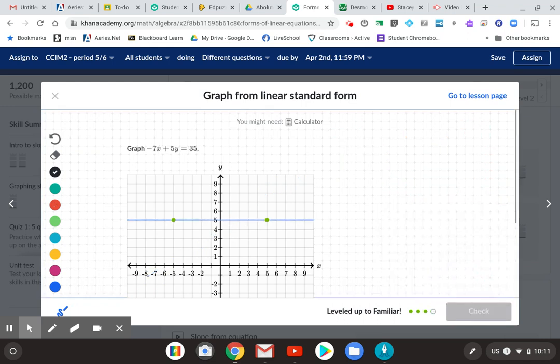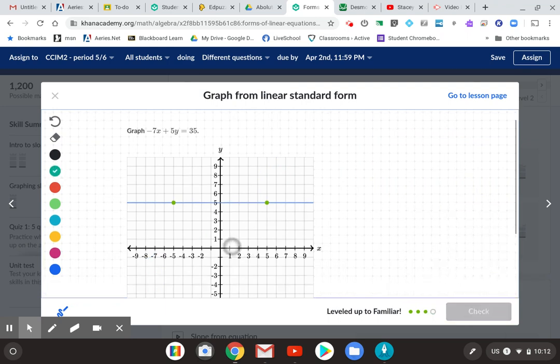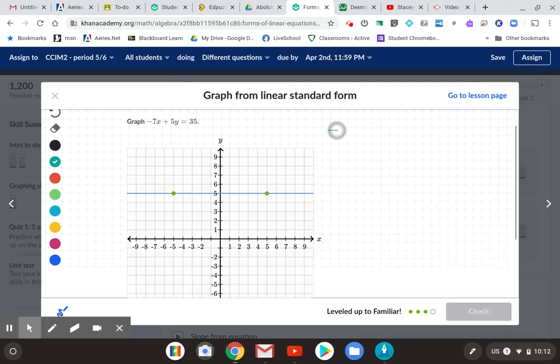I just want to go for one to get 100%. So last one. Let's move that up. There we go. We're going to go negative 7x plus 5y equals 35. Move the x to the other side.